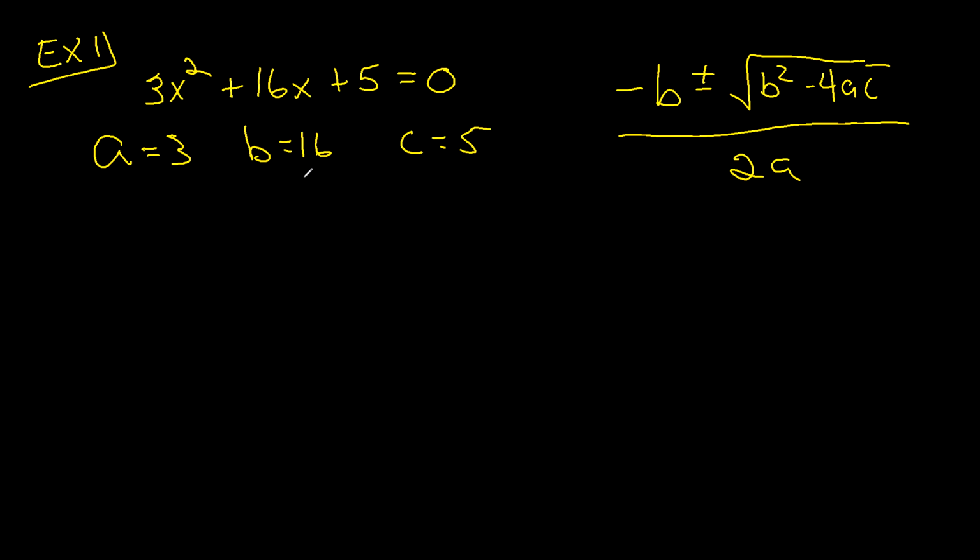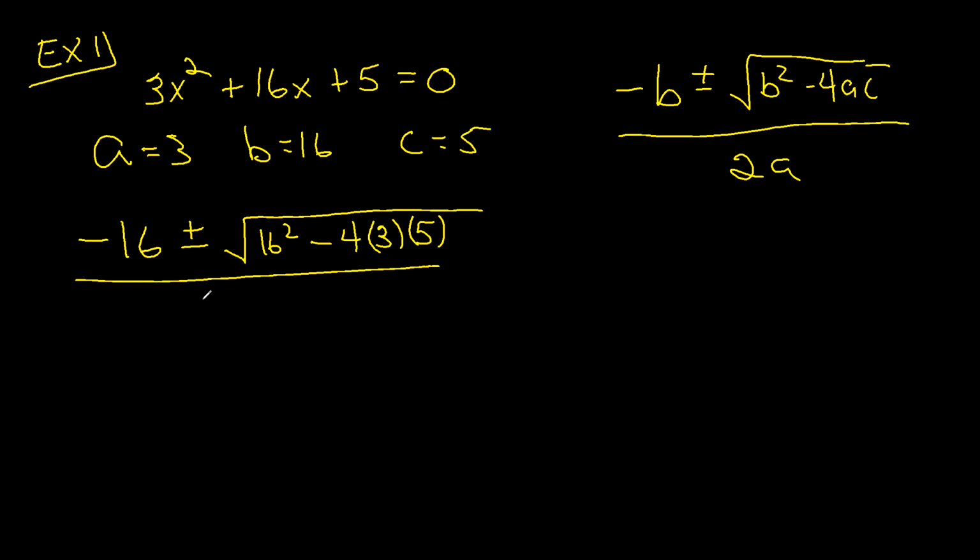So I'm going to have negative b, which is negative 16, plus or minus the square root of b squared, so that's 16 squared, minus 4 times a, which is 3, times c, which is 5, and that's all going to be over 2 times 3. And then away we go.